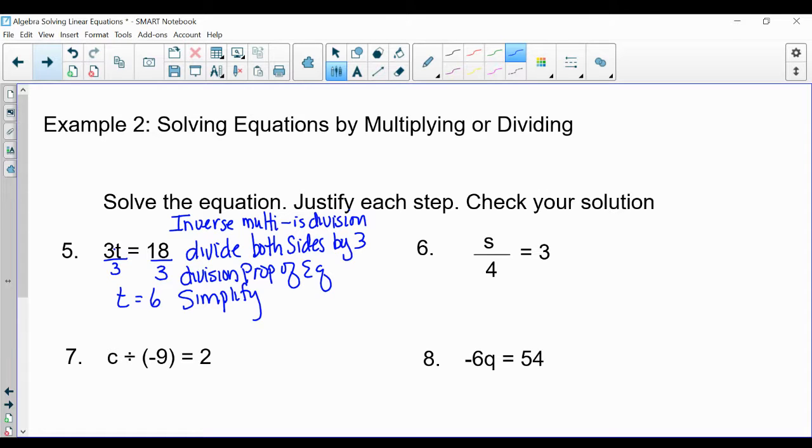Now what I'm looking at is, we talked in the warm-up that this bar, that fraction, means division. So I know the inverse of division is multiplication.